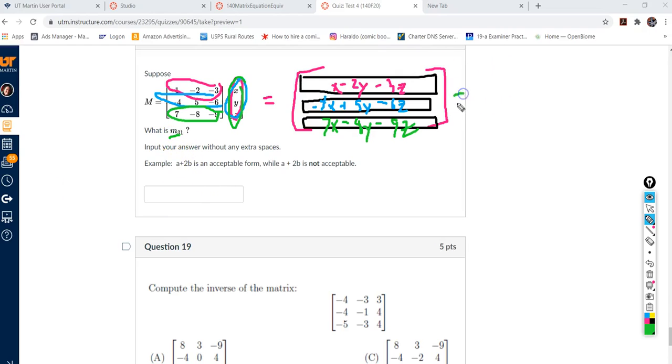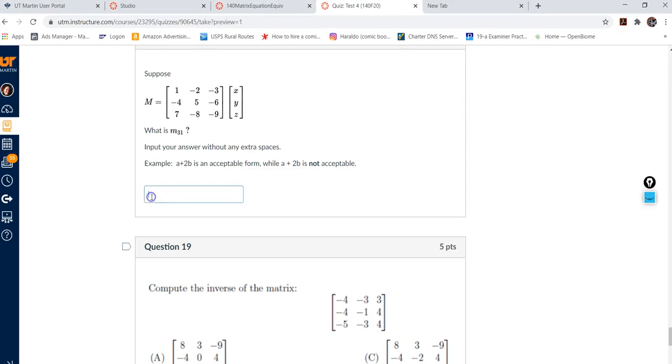This is M. That's my matrix M. And what is the entry that lives in the third row and first column? So that's going to be what's in green. So we're going to have 7x minus 8y minus 9z.